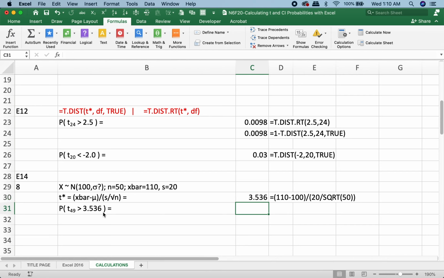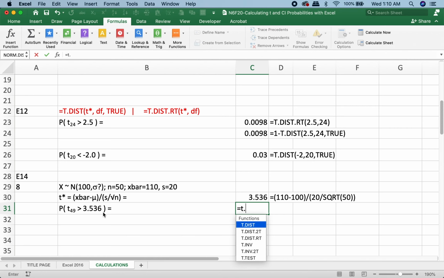And now what I'm going to do is I'm going to be using the DIST function. And because I'm looking for a probability as an answer, what's the area? But I'm going from some point up, so that means it's going to be a t.dist right tail.